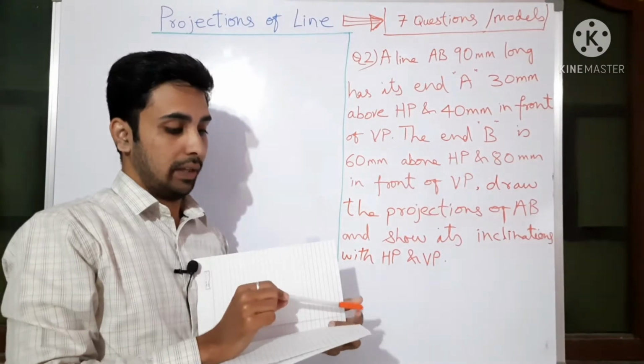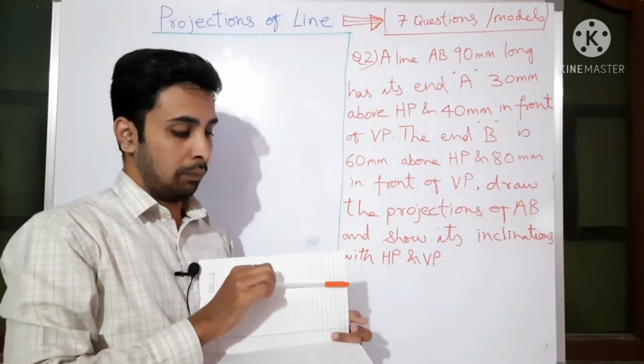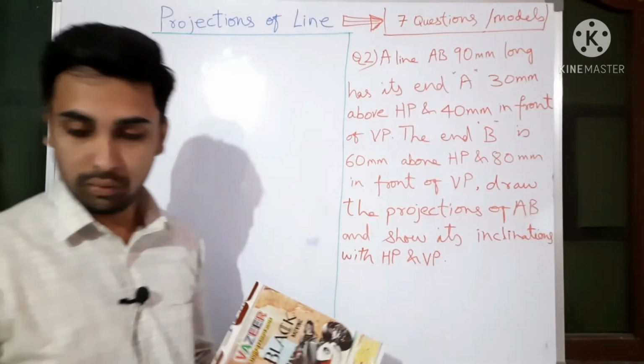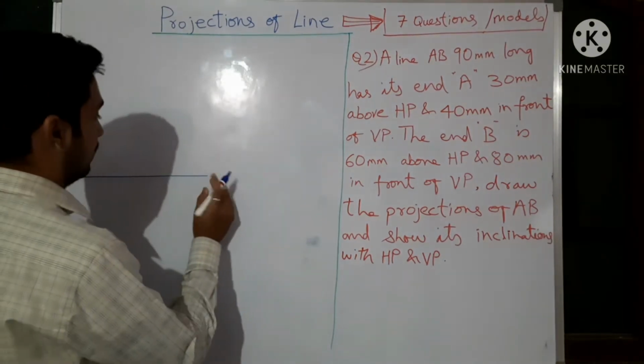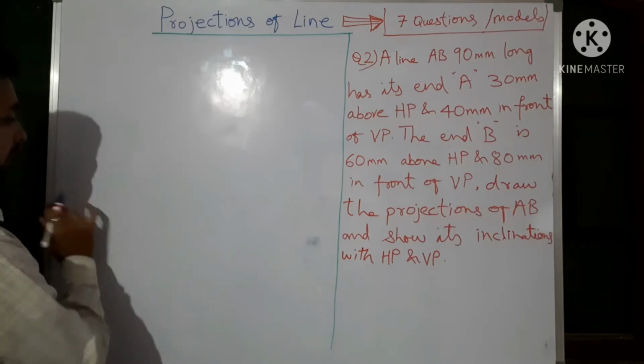So the front view will fall at a height of 30 mm up and the top view will fall 40 mm in front, meaning down. Like projection of points, we first have to locate the end A of the line AB.